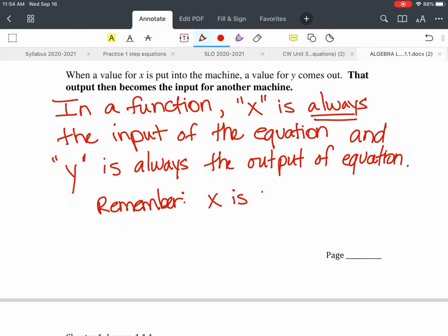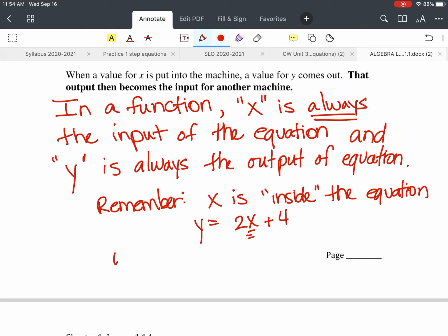X is inside the equation. Y equals 2x. See how it's in the inside of the equation? While y is on the outside. So think of it that way. X is on the inside, y is on the outside. That's why it's the output.